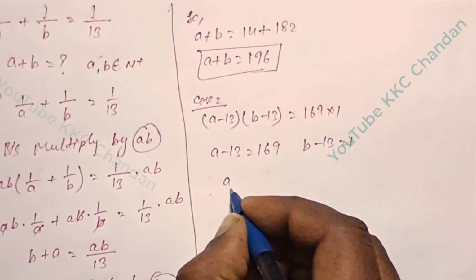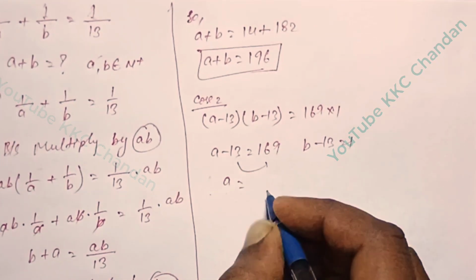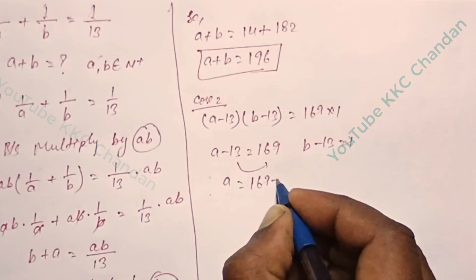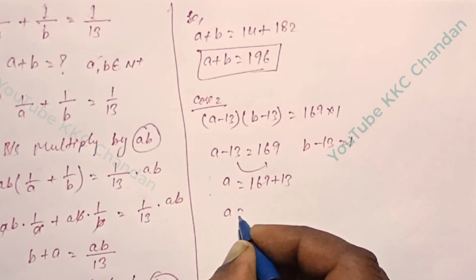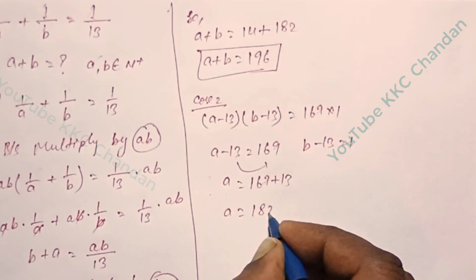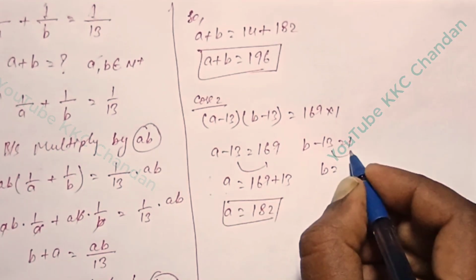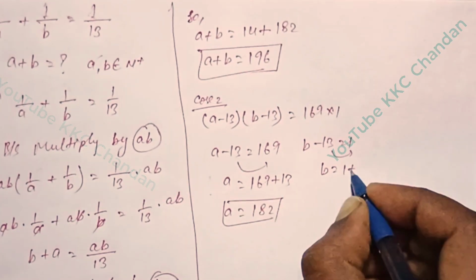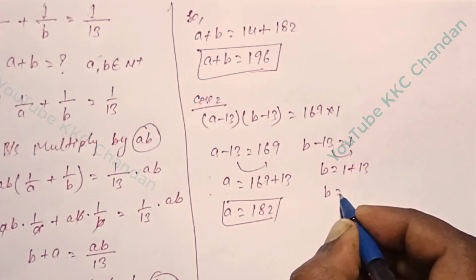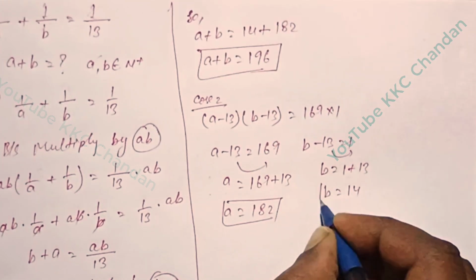Therefore a is equal to, this 13 comes this side, 169 plus 13. Therefore a is equal to 182. Here b is equal to, this 13 comes this side, 1 plus 13. Therefore b is equal to 14.